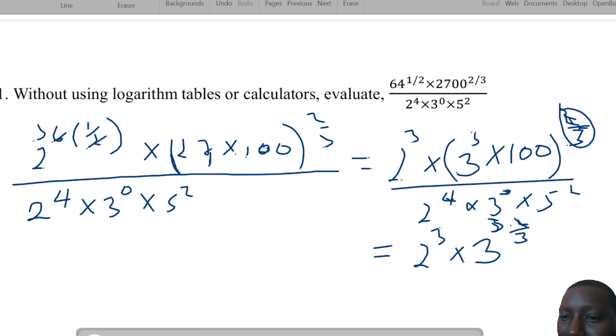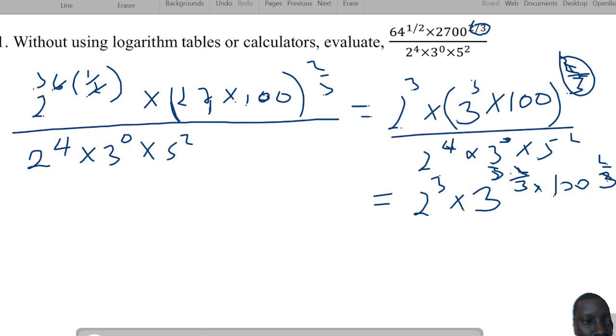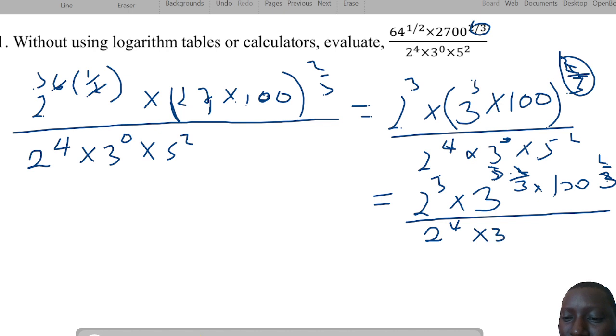Then times 100 raised to the power of 2 all over 3. Then this one is divided by 2 power 4, then times 3 power 0, then times 5 power 2.